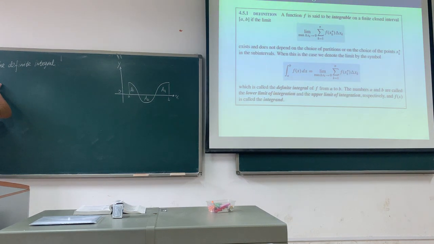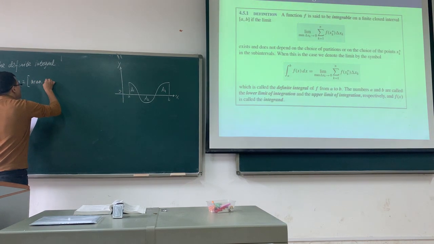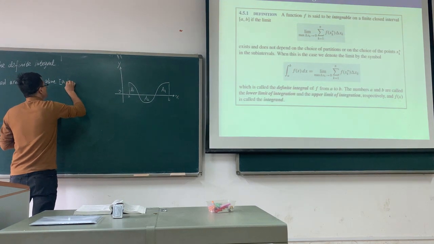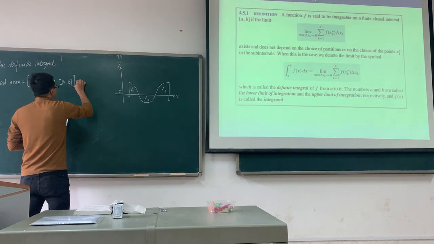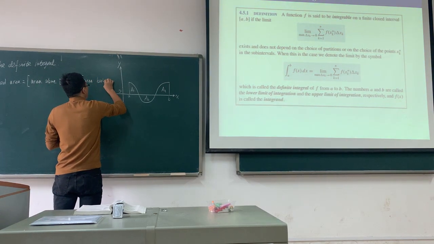The net signed area is the area above the interval AB minus the area below AB.